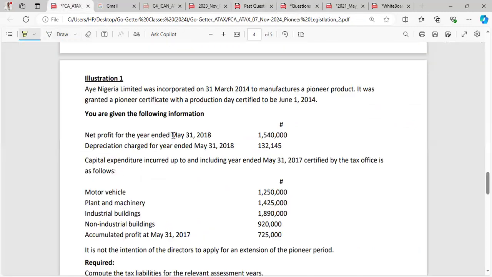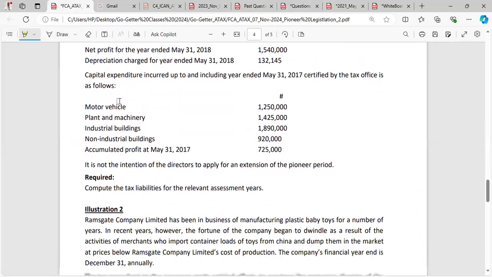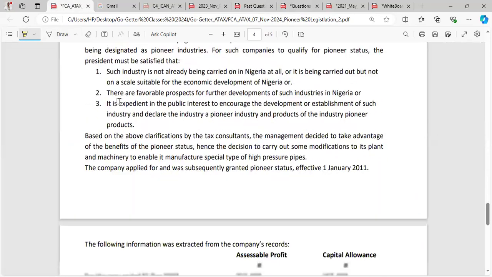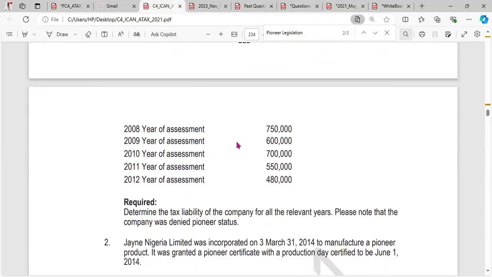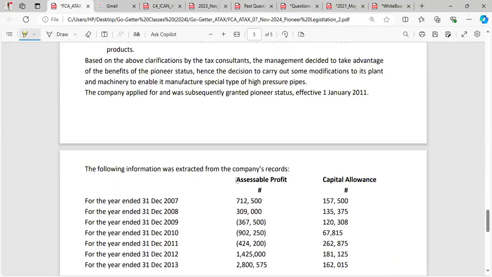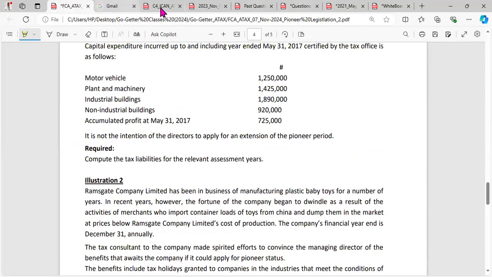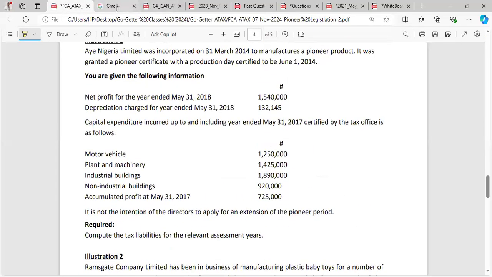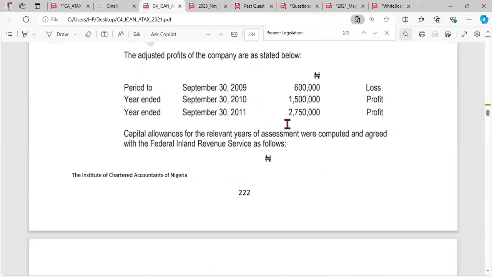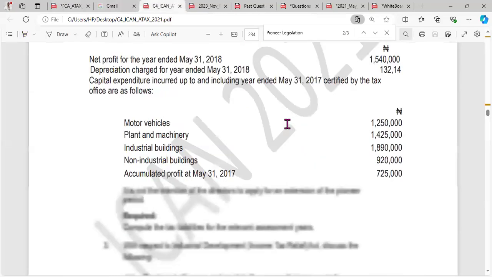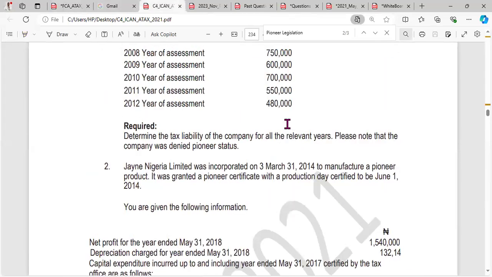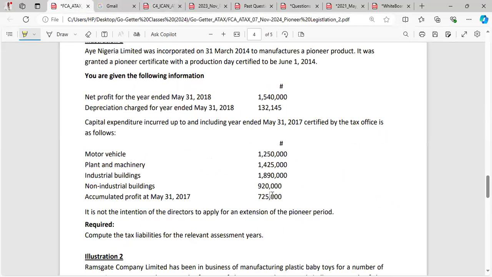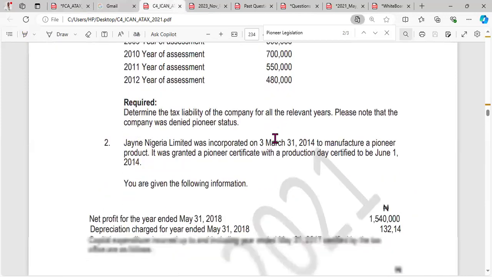Don't forget, these illustration questions here, these 2 questions here can also be found in your study pack. Let me see if they are the same. It's 480 here. They may not be exactly the same. 725, I thought I saw 725.